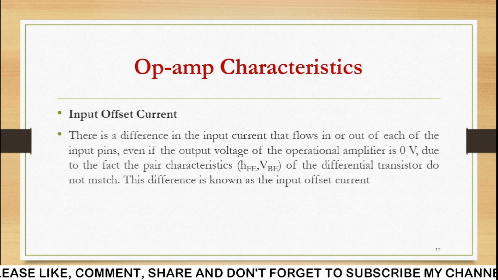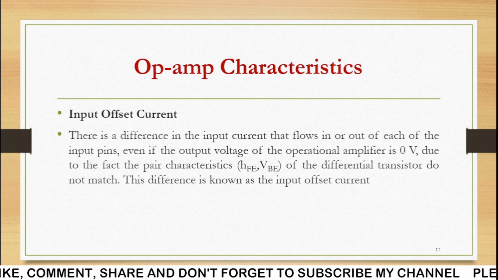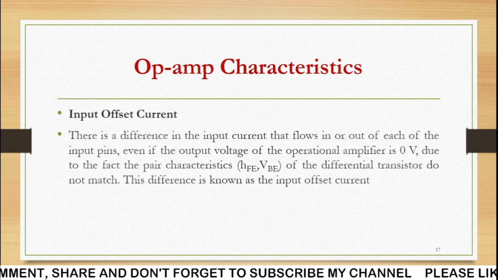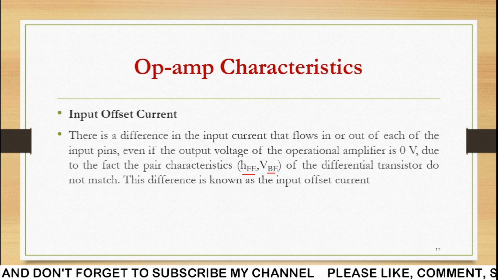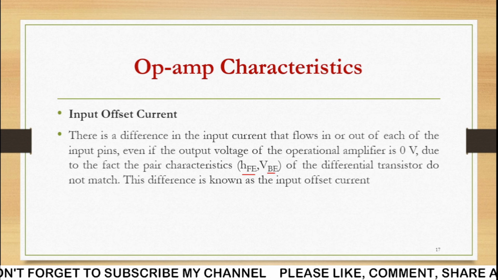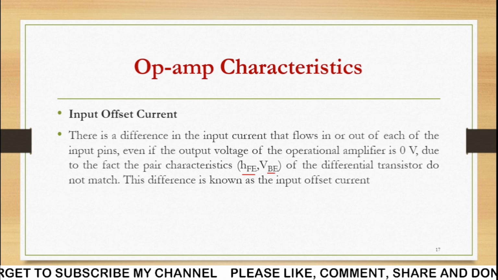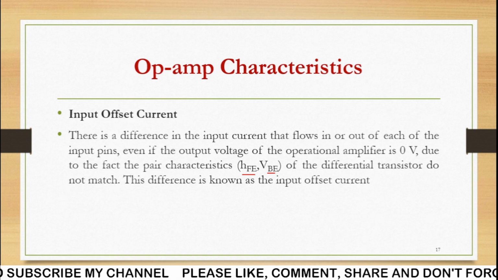Input offset current is the next characteristic, where the difference in the input current that flows in or out of each of the input pins is considered the input offset current. At that time the V out should be equal to 0 volt. So why does this happen?